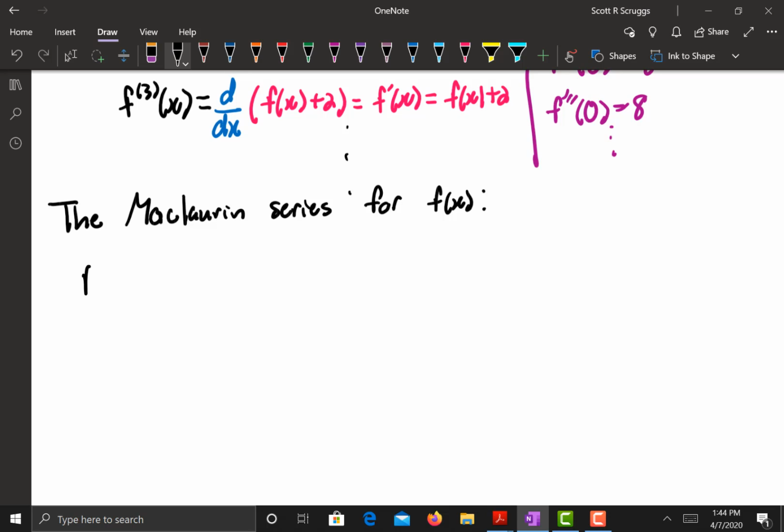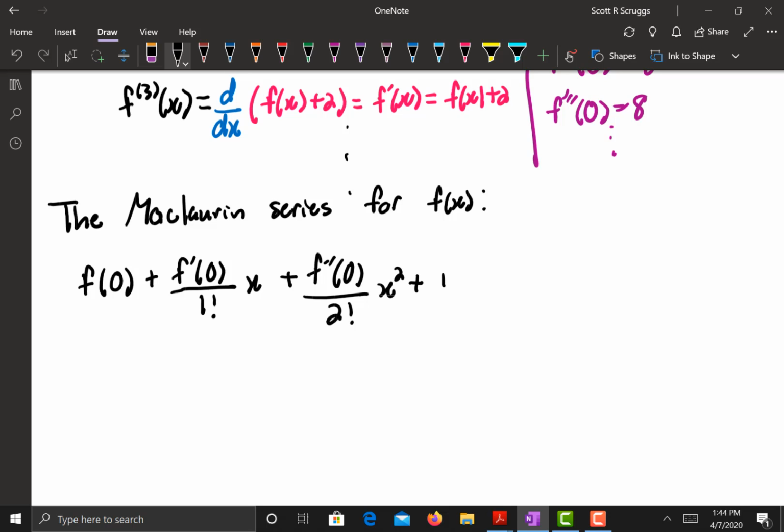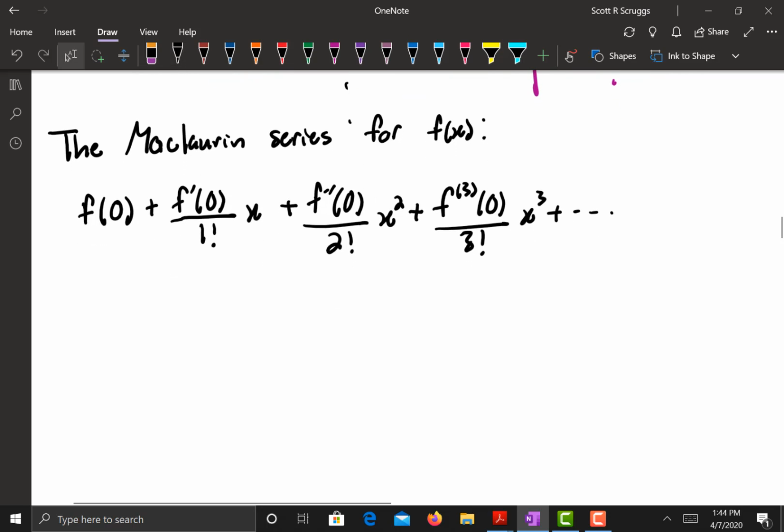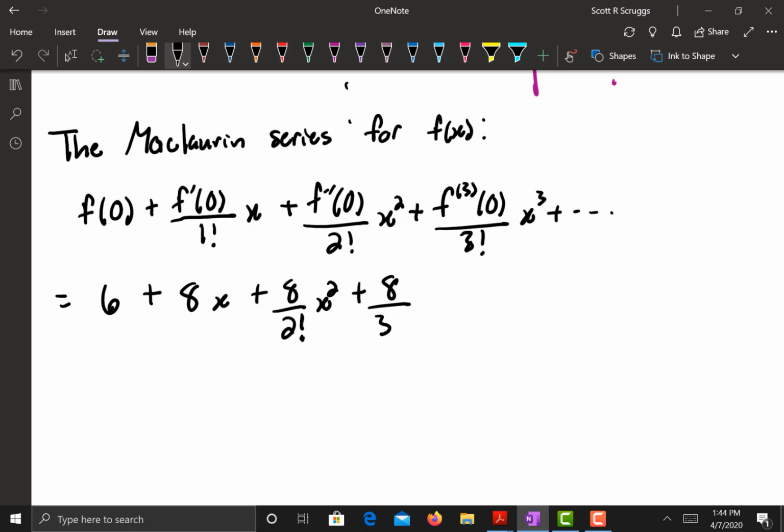The Maclaurin series tells me that I'm doing f at 0 plus its first derivative at 0 over 1 factorial times x, plus the second derivative at 0 over 2 factorial times x squared, plus the third derivative at 0 over 3 factorial times x cubed, and so on. Plugging in our information, I have 6 plus 8x plus 8 over 2 factorial x squared plus 8 over 3 factorial x cubed, and so on and so forth.